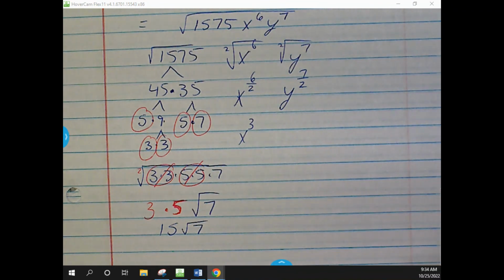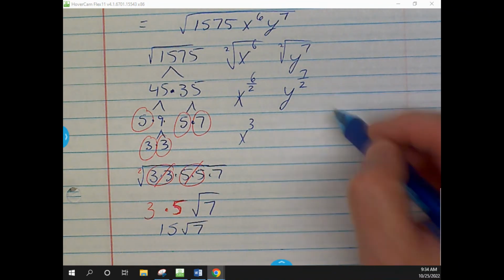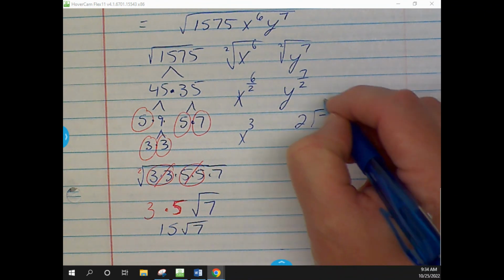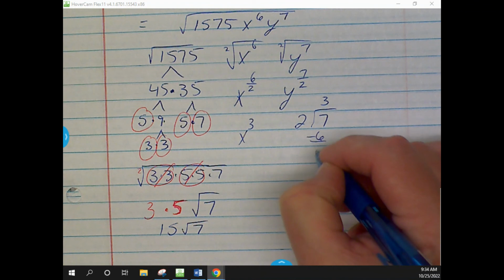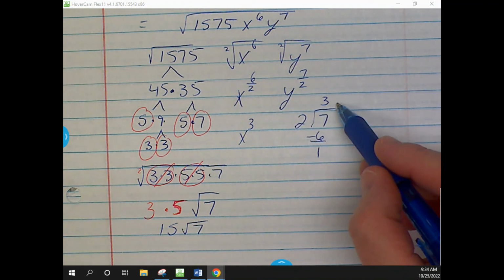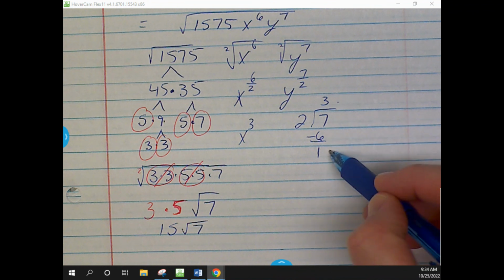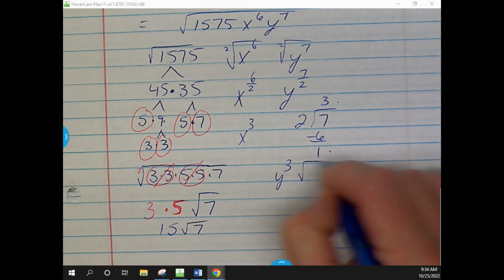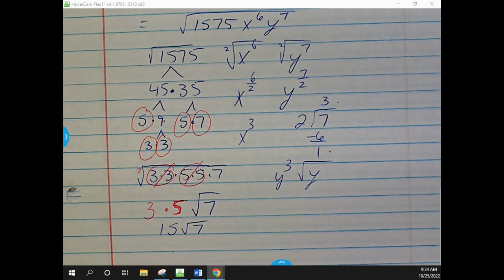No leftovers, correct? So we don't have to worry about anything on the inside. For the y part, we're dividing 2 into 7. It goes 3 times with 1 left over. So for the y's, there's going to be 3 on the outside and 1 on the inside. So we need y to the 3rd on the outside, and y to the 1st on the inside.